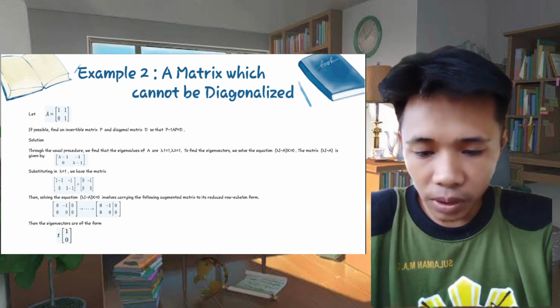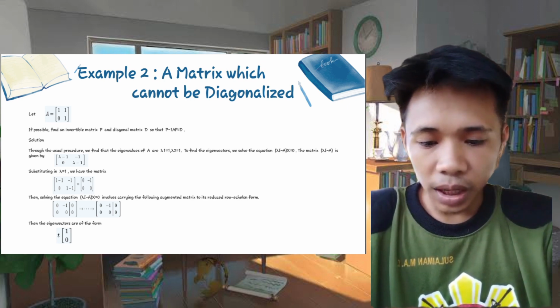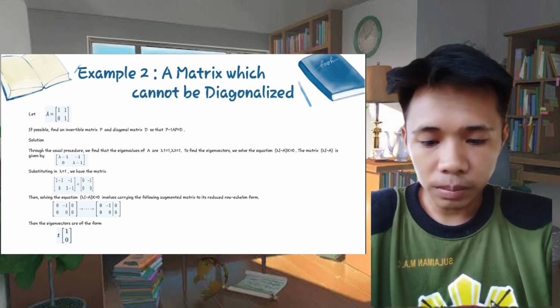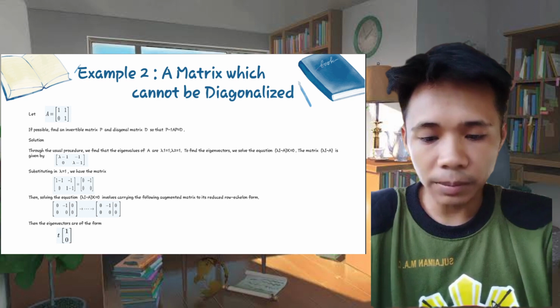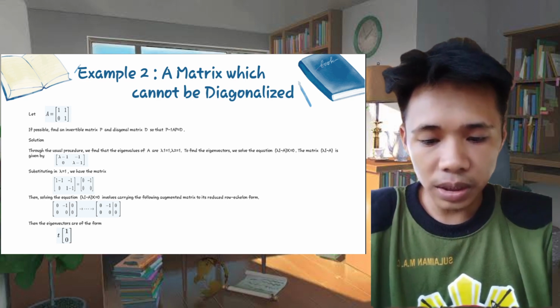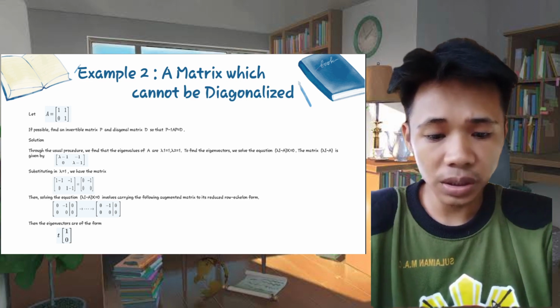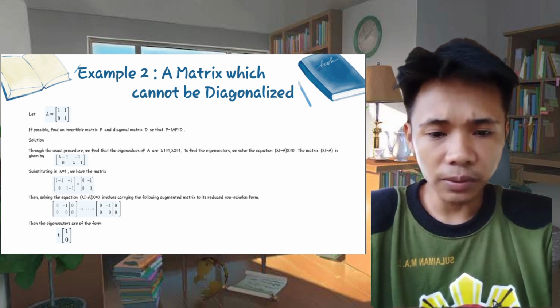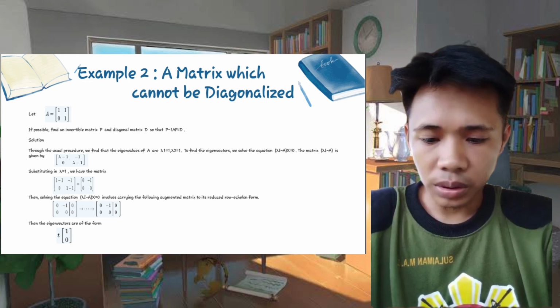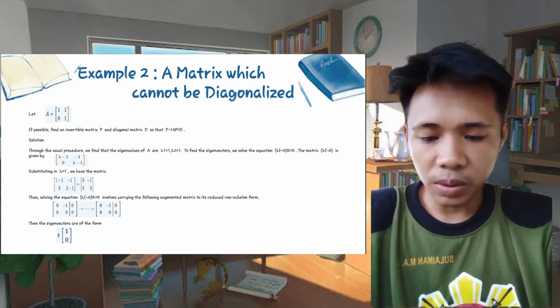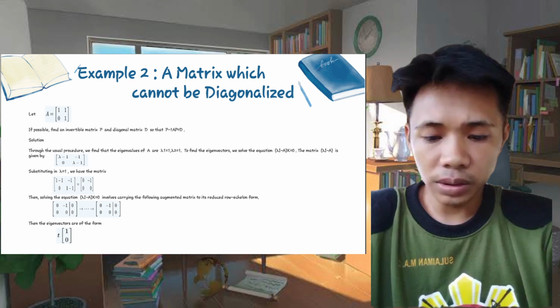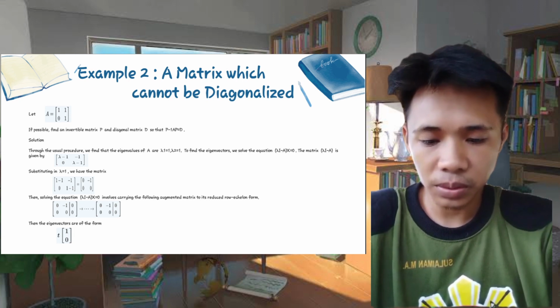Then solving the equation (lambda I minus A) times X equals 0 involves carrying the following augmented matrix to its reduced row echelon form. Row 1: 0, negative 1, row 2: 0, 0, and the right side is 0, 0.